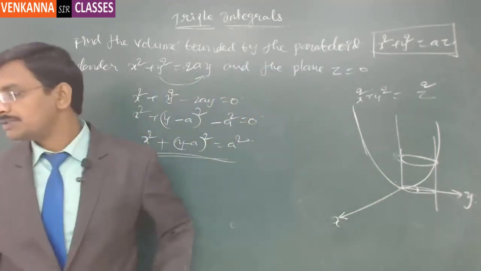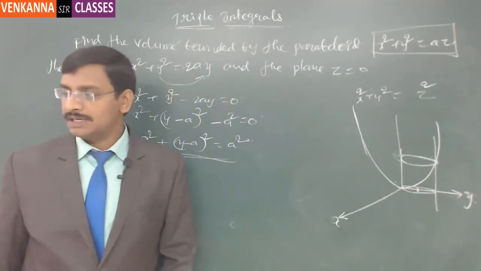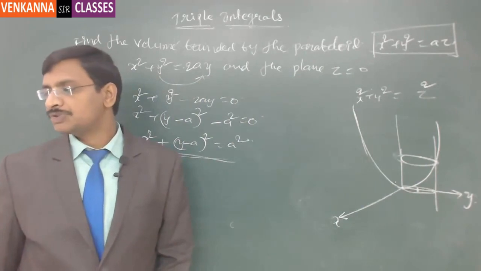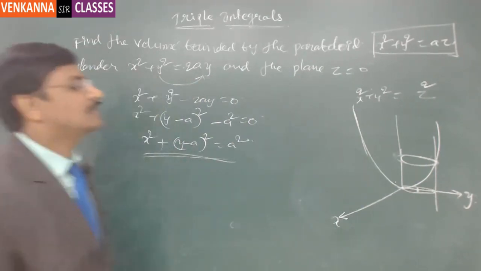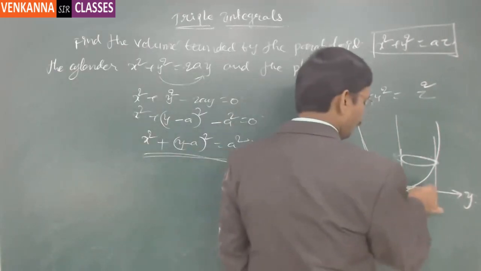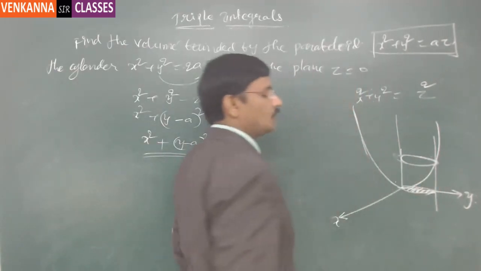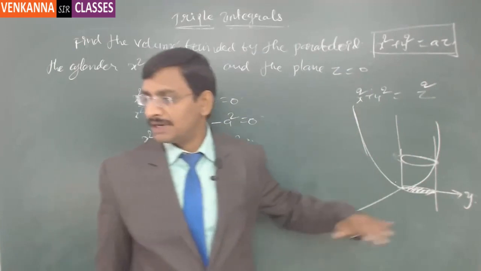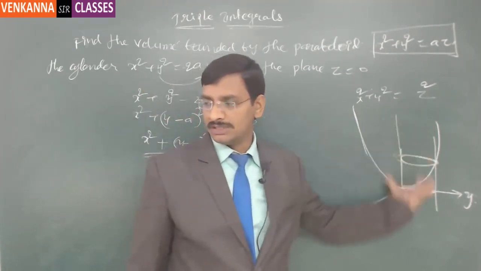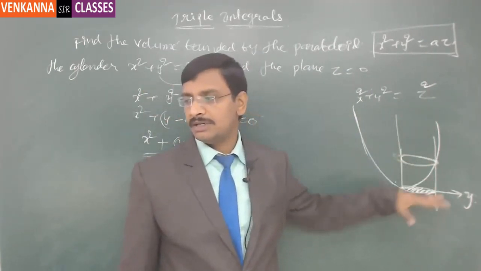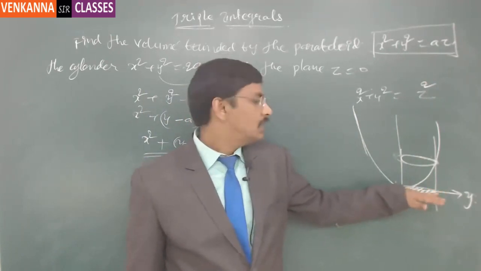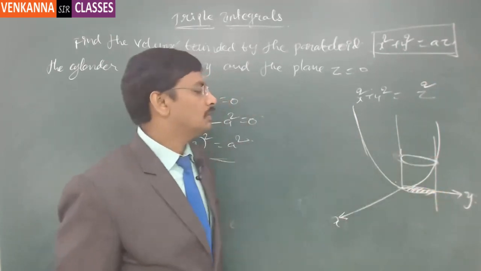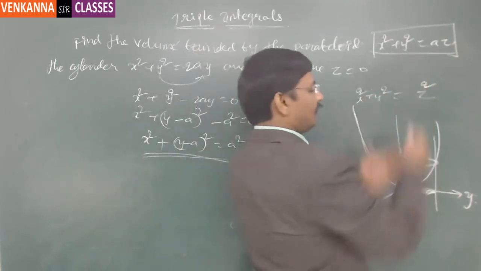So the paraboloid is there and then there is a cylindrical shape, and these two bind a volume, and then there is one more plane, z equal to 0, this ground plane. So on the ground there is a cylindrical cut. Just imagine this way, there is a cylinder like this and in that cylinder, z equal to 0, there is a perpendicular cut like this, and at the top, this is extending to infinity.